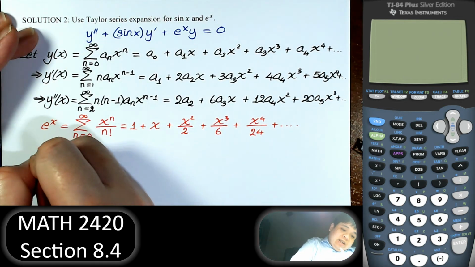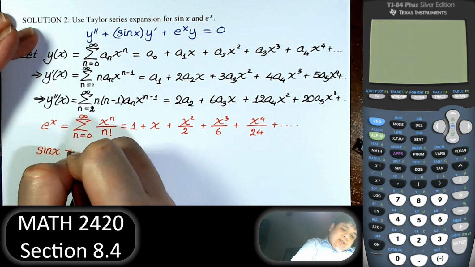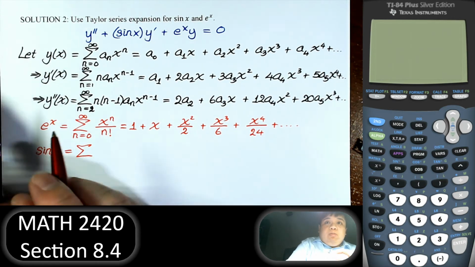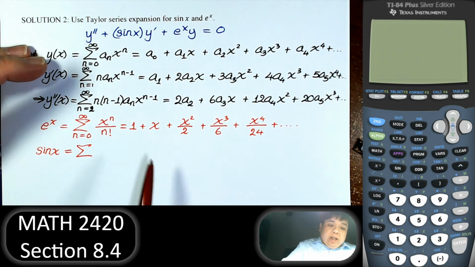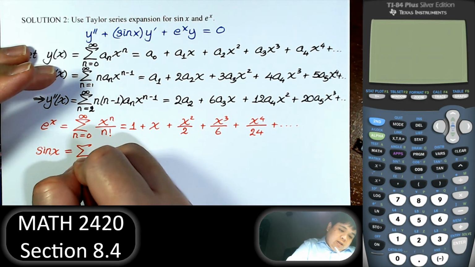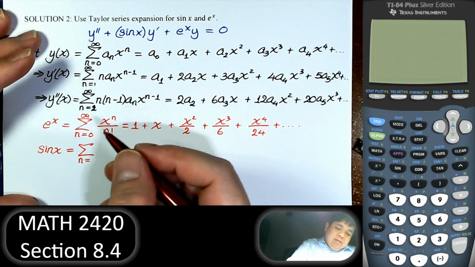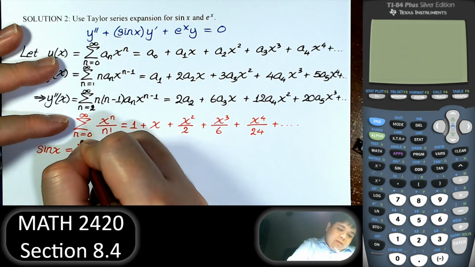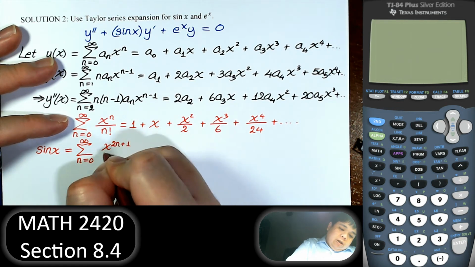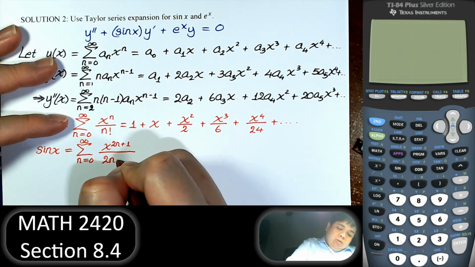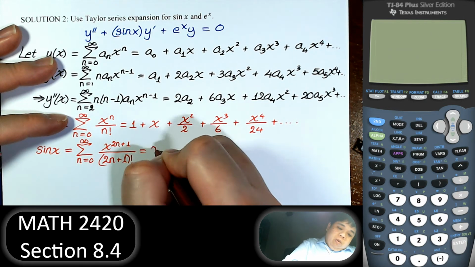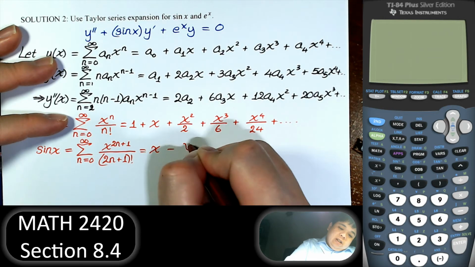And then sine of x is also a power series. Sine x is an odd function, so it will only have the odd terms: x to the 2n plus 1 over 2n plus 1 factorial. So pretty much the odd terms only.